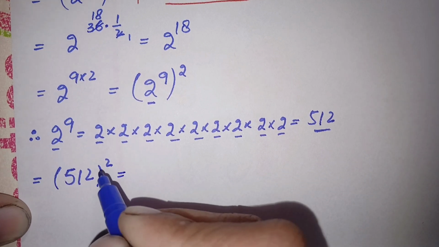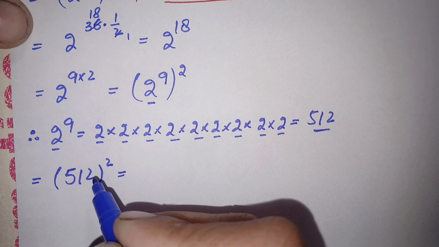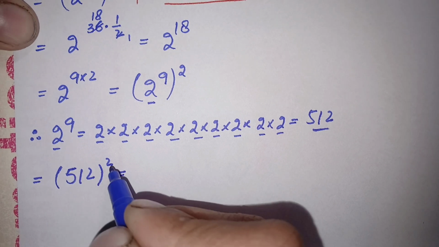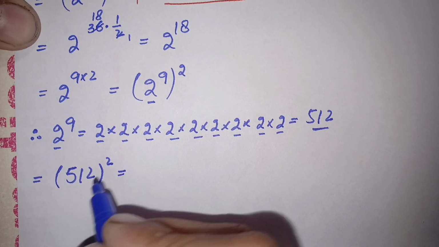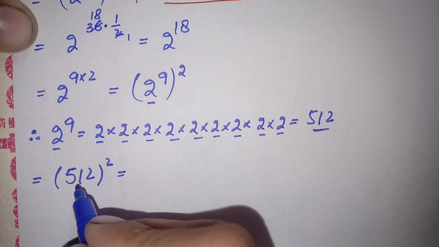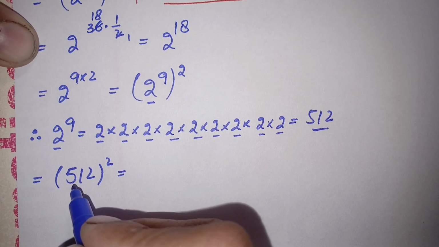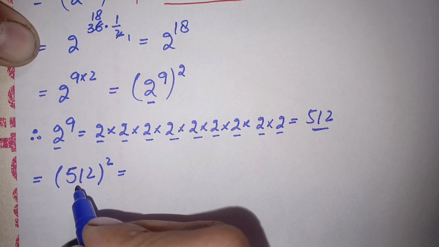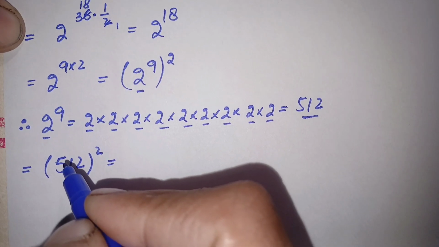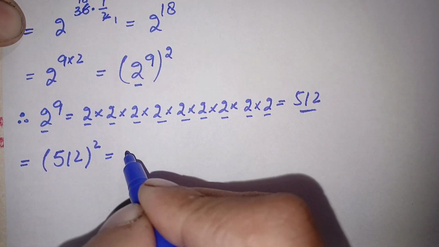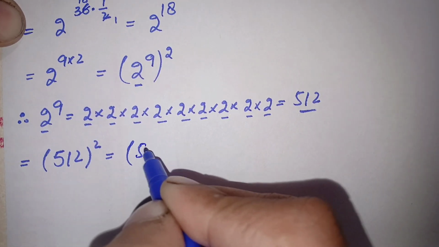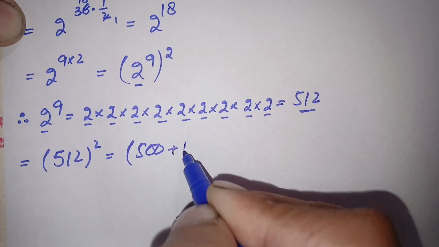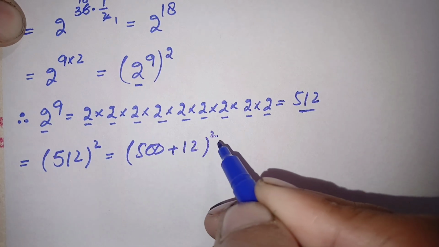Now we can find this square using two different methods. One is to multiply this number 2 times because there is a square, and the second method is to use an identity here, a positive algebraic identity. So here we will solve this number by using a positive algebraic identity. So therefore we can write this 512 as the sum of 500 plus 12 whole square.